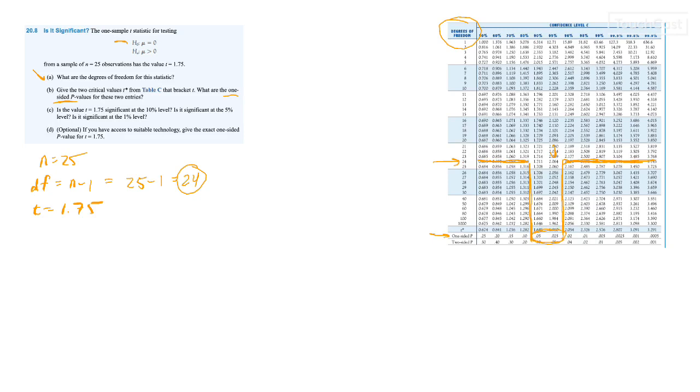So now I have the 1.711 and the 2.064 as my t-values, and then at the bottom my p-values are 0.05 and 0.025.